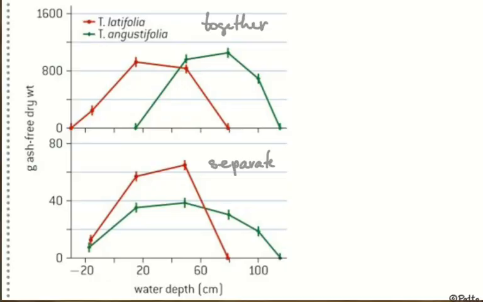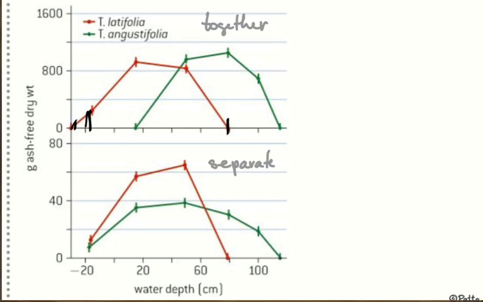Okay, here is how deep the species are living and how much dry weight they made, how heavy they get. So T. latifolia, when living separately, apparently has quite a wide range of niche that it can occupy, and this niche is not changed significantly. Actually, it's even a little bit wider over here when they are living together in the same place.